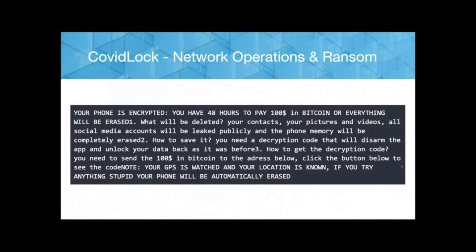But it's important to note that the attacker claims, you can see at the very bottom there, to monitor your GPS, but we previously saw in the Android manifest and other API calls that that's actually a false claim. But this kind of speaks to the sophistication of social engineering and luring and phishing that the CovidLock author is going to use to get victims to actually pay the ransom. And let's move to the next slide.